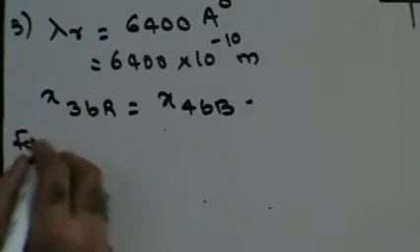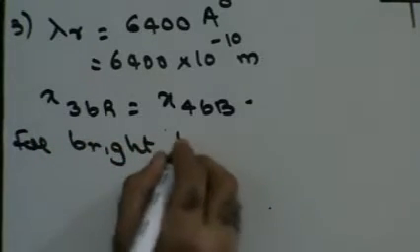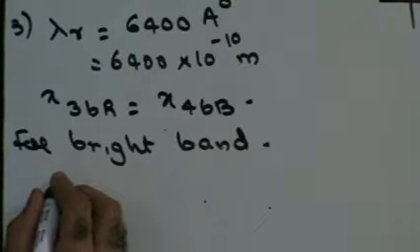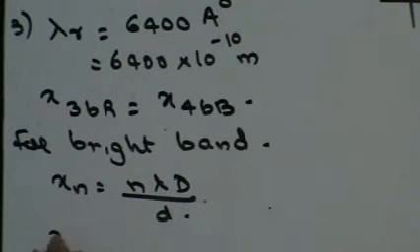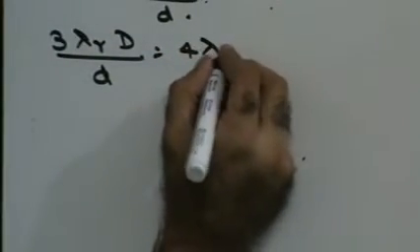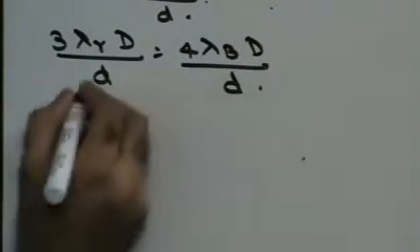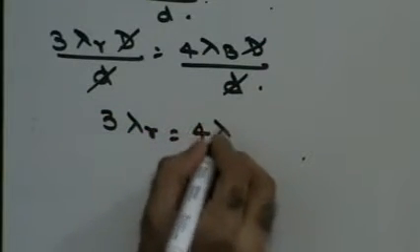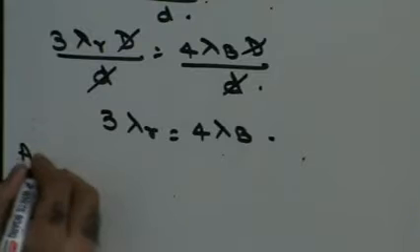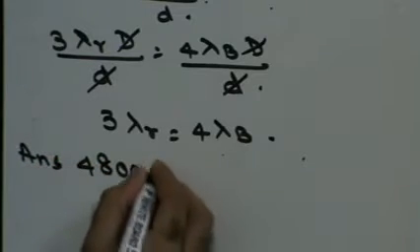But for bright band we know that xn is equal to n lambda D by d. That means I can say 3 lambda red D by d is equal to 4 lambda blue D by d. D and d get cancelled, so you will get thrice lambda r is 4 lambda b. Substitute the values and you should get the answer. The answer for this should be 4800 Angstrom unit.